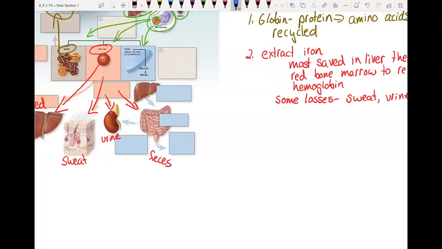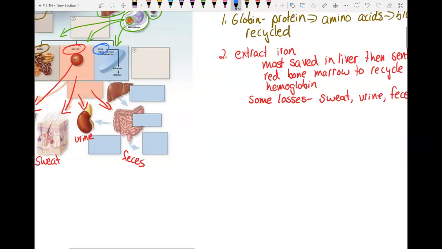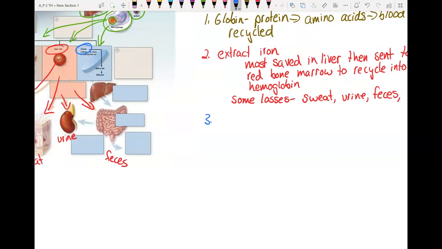Then the third part is the heme. So remember, that was another component of the hemoglobin. The heme has a long, interesting journey. So the heme is converted to bilirubin. You might be familiar with bilirubin if you've ever heard of jaundice.